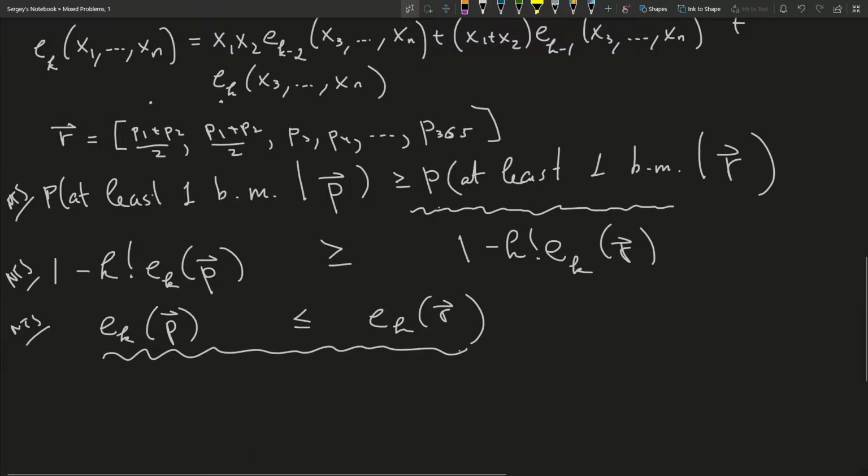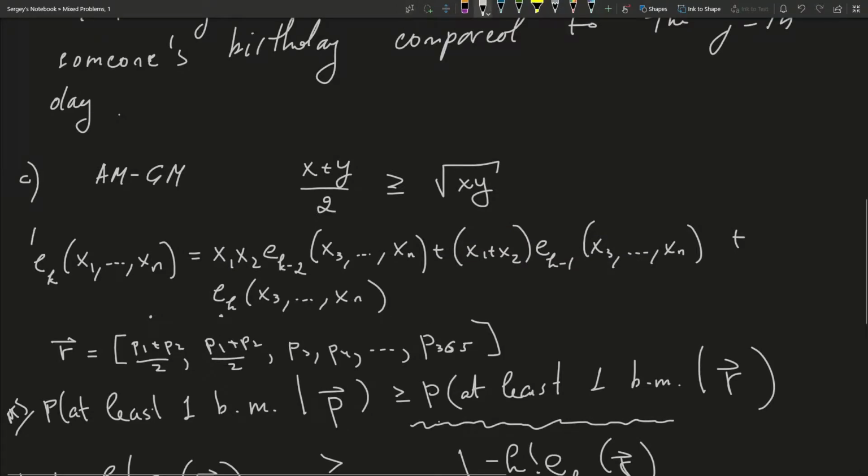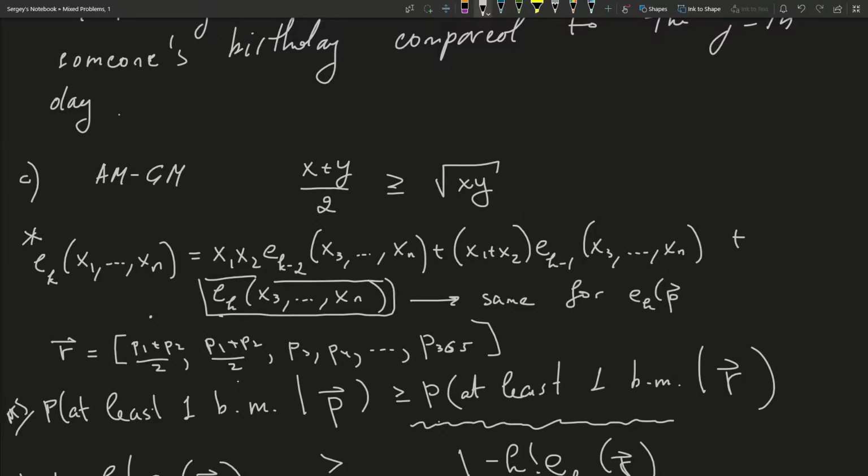To show this, we're going to use the property that we talked about, the property of the kth elementary symmetric polynomials. So notice that this term here does not use the first two entries of the p vector or the r vector. It only starts using from the third value and on. So these values will be the same for the kth elementary symmetric polynomial in p and in r, because they only use the values in those vectors starting from the third position.